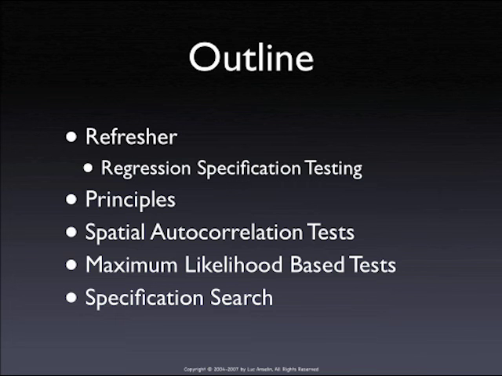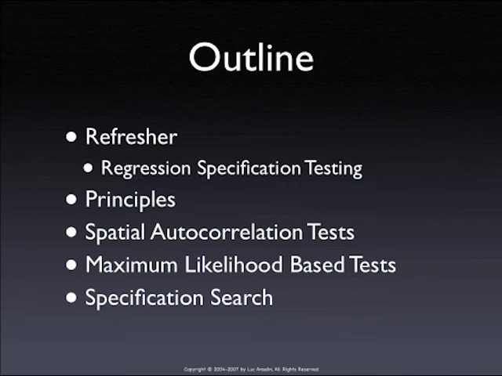This parallels in some sense what we talked about on the first day when we talked about descriptive spatial autocorrelation tests. So it has to do with what is spatial randomness in a regression context, and then what are the alternatives. And then we move into two types of test statistics.